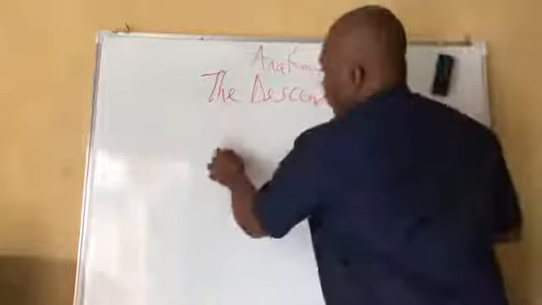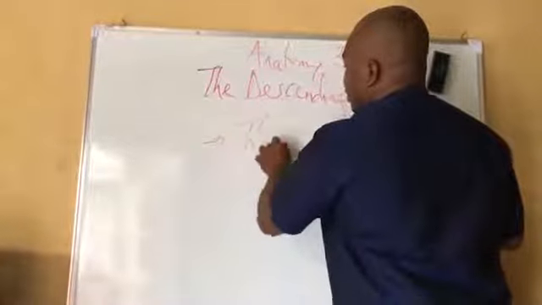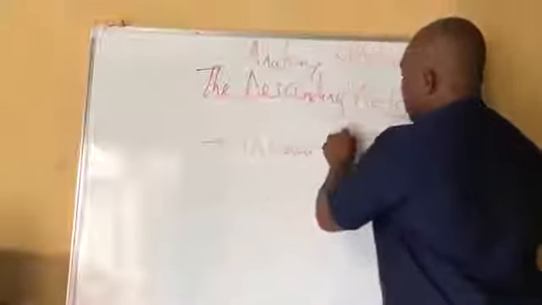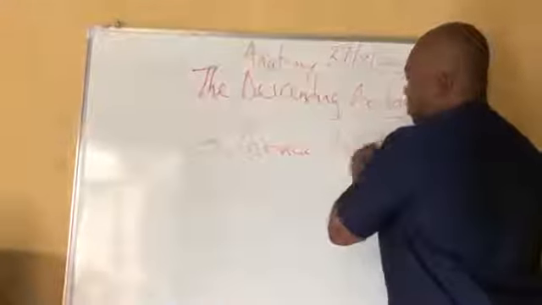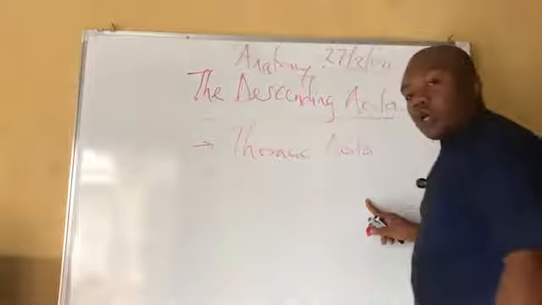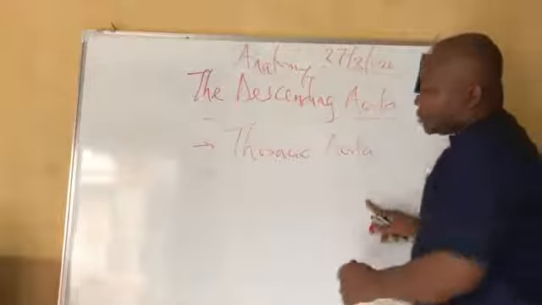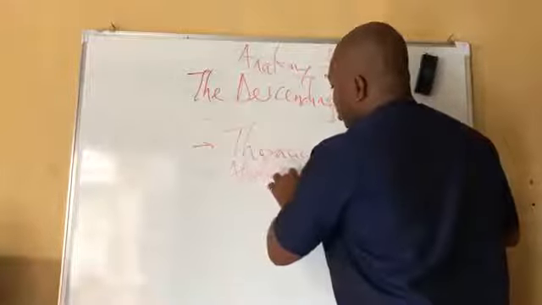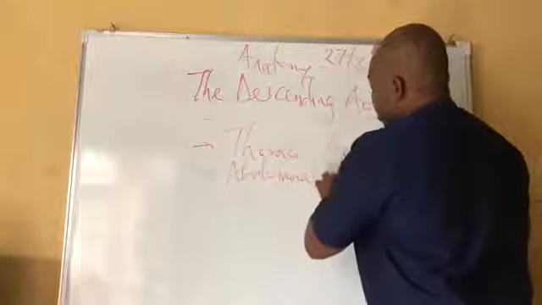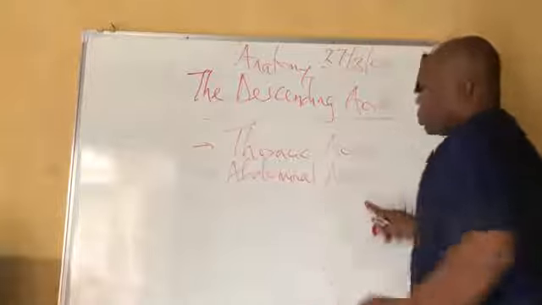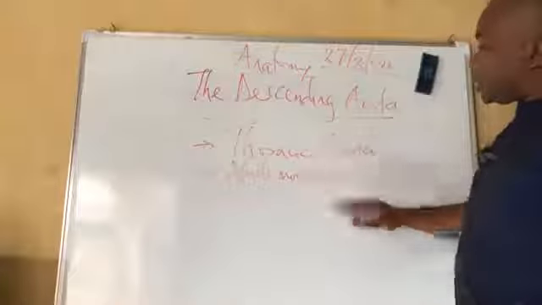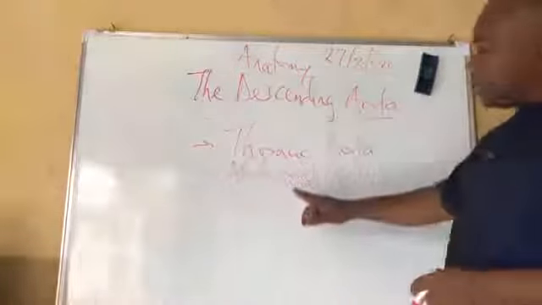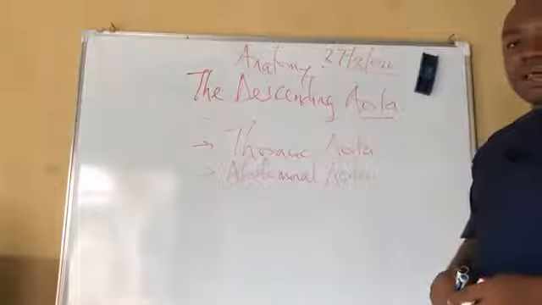We have what we call the thoracic aorta, and the other part called the abdominal aorta. So this is the thoracic and this is the abdominal aorta.